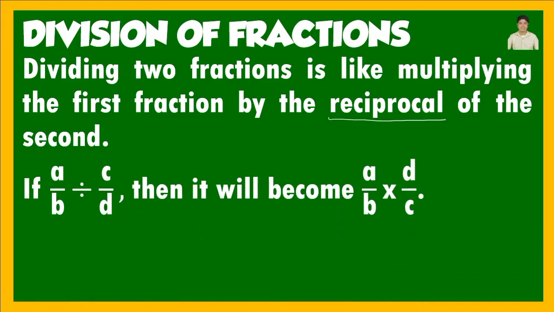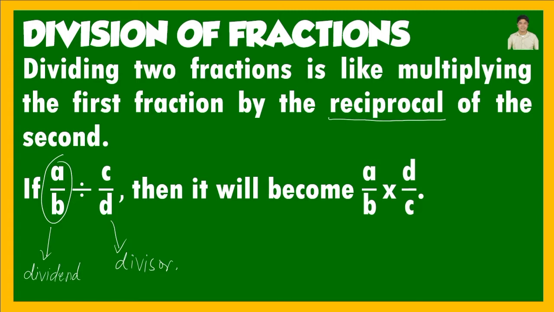For example, if A over B is divided by C over D, then it will become A over B times D over C. A over B here is what we call the dividend, and C over D is what we call the divisor. When dividing fractions, we take the reciprocal of the divisor and then proceed to multiplication of fractions.